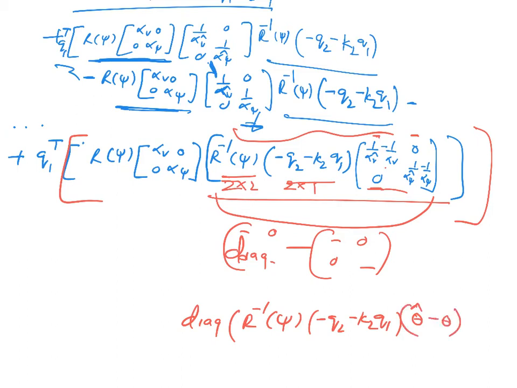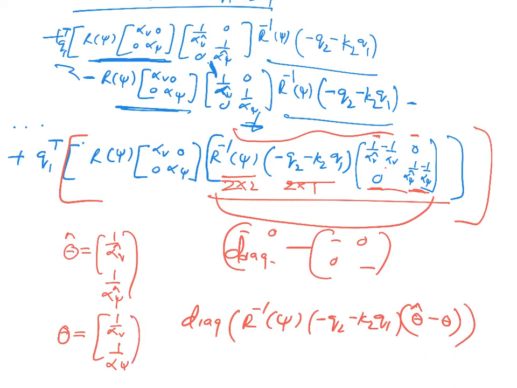Theta hat is 1 over alpha v hat, 1 over alpha psi hat, and theta is 1 over alpha v and 1 over alpha psi. Okay, so diag of this whole thing can be written as that.